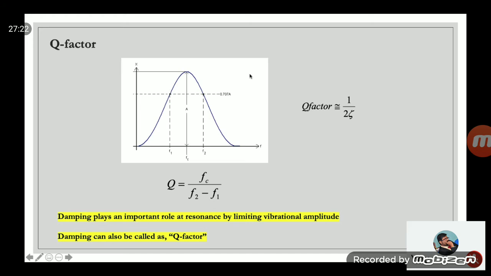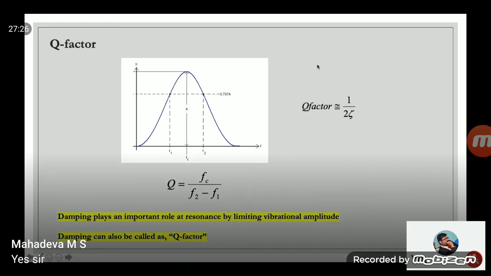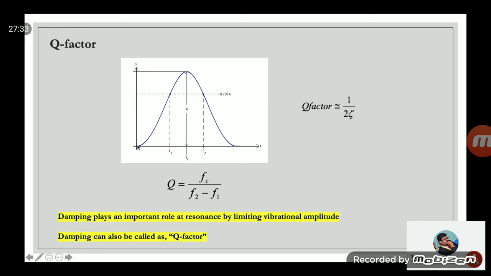So the other way of defining damping, usually this is done in rotating machinery. If you plot the displacement versus the rotating speed or frequency, you will see that in the beginning there is almost nothing, no amplitude at all.